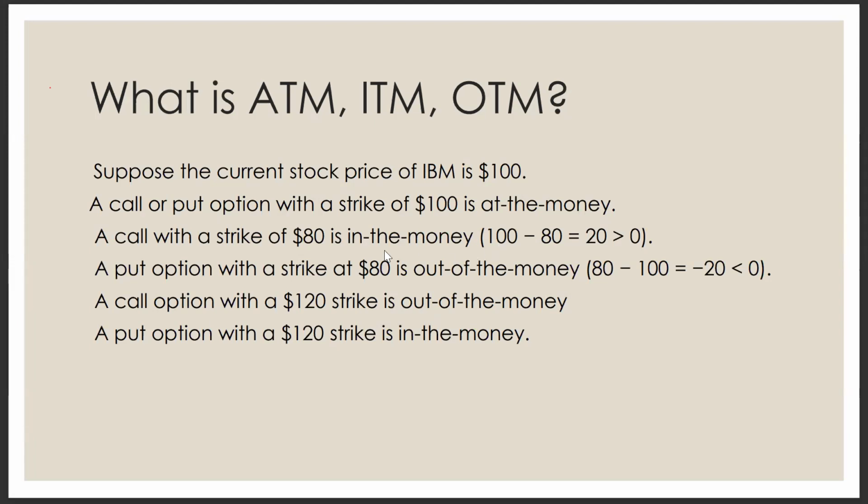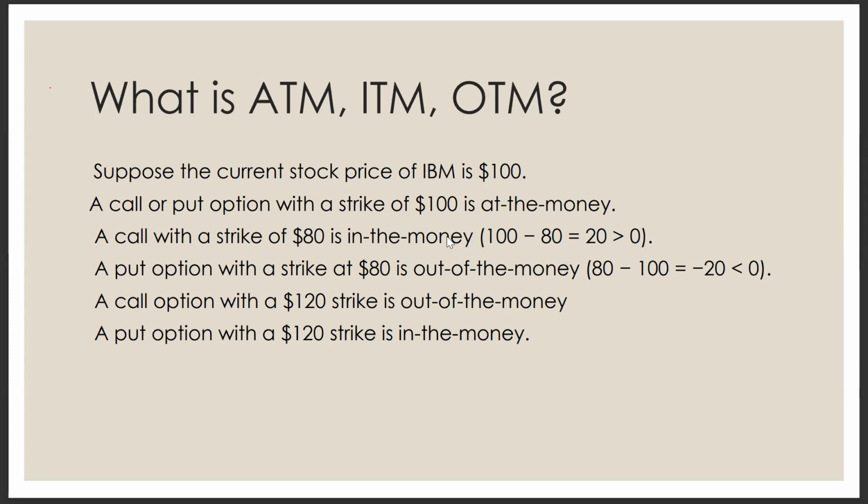Okay, if the strike is $80, for a call the payoff is the difference between stock price and strike price, and this value is positive. So it means that the call option is in the money.